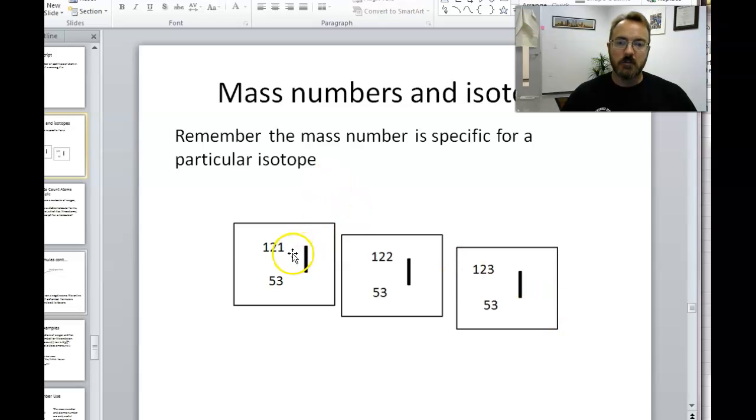So here are 3 different isotopes of iodine. We would say iodine 121, iodine 122, and iodine 123. You can see the atomic number stays the same for all of them because that's elemental. And then we have different numbers of neutrons on these. So at least three different isotopes for iodine exist. And in chemistry, we really want to know the weight.